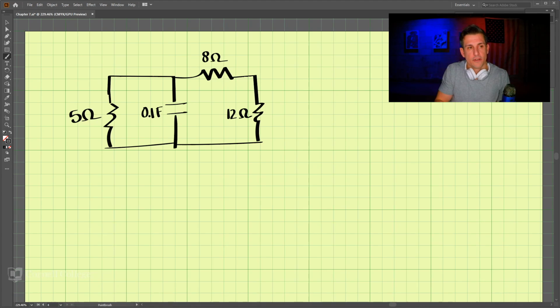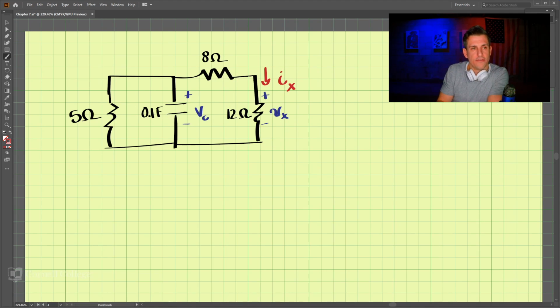Now let's label some voltages. We're going to call this Vx here, and this voltage here is Vc, the voltage across the capacitor. And then lastly, we have the current. We're going to call this Ix, the current through this Vx.